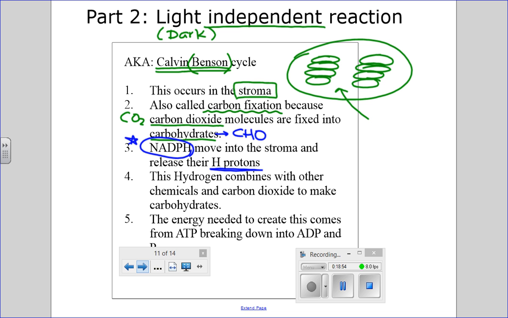So NADPH move into the stroma and release their hydrogen protons. Now there are other substances around. We are not going to focus on the names of every single molecule in the cycle, but the idea is that the hydrogen combines with the CO2, some fancy reactions happen, and I get a carbohydrate.